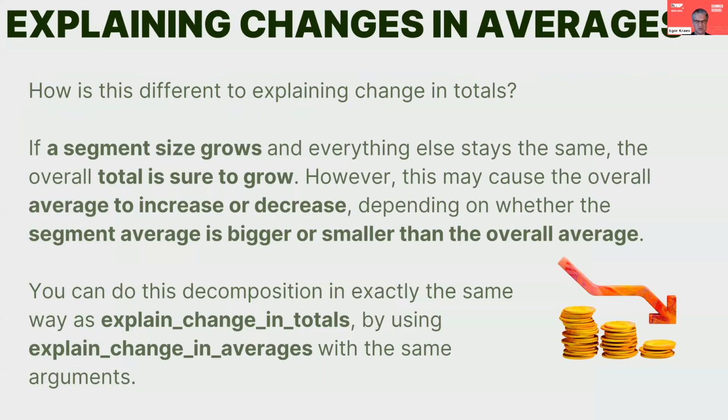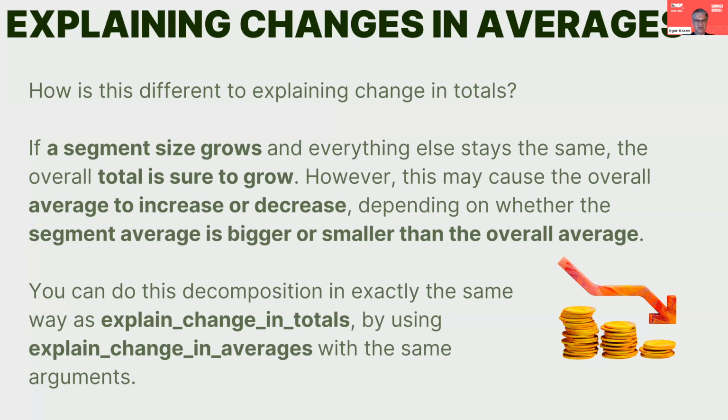All right, and so far, I've been explaining different ways of slicing and dicing a change in totals. Which is a very natural thing to do, because after all, it's the total revenue or the total volume or things like this, which usually make the top lines.